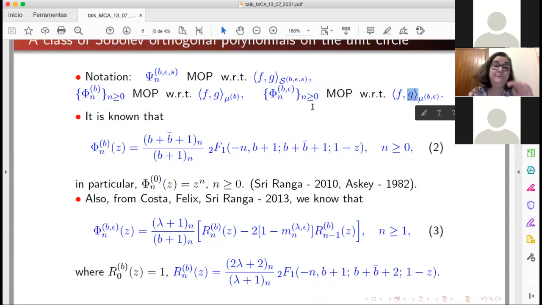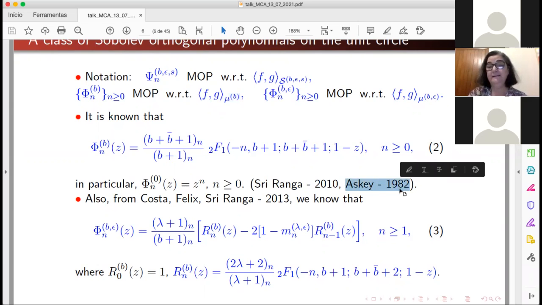It's known that the orthogonal polynomials with respect to mu b are given in terms of the hypergeometric function. Actually, it is related to what Luke told before, and it was given in the work of Askey about the collection of Szegő's papers. And in 2010, Ranga used this notation, and he got this way.